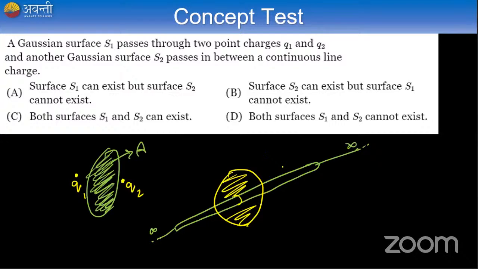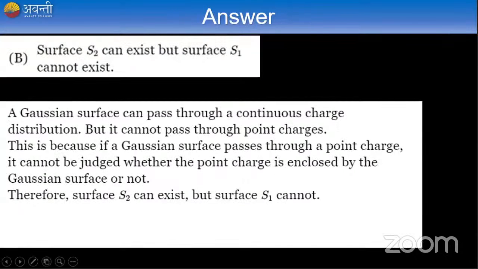The correct answer was option B, right? Why was it option B? A Gaussian surface can pass through a continuous charge distribution, but it cannot pass through point charges. That's the explanation they give. Why not? If a Gaussian surface passes through a point charge, it cannot be judged whether the point charge is enclosed or not.